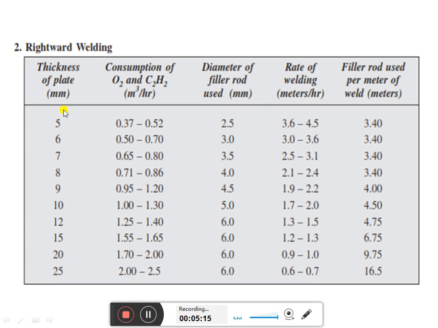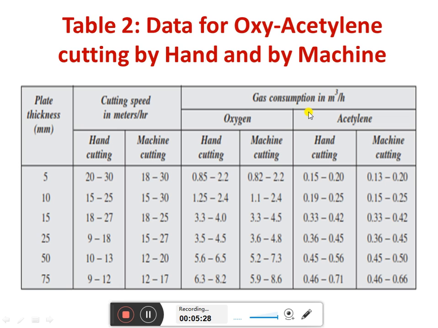The plate thickness starts from 5 to 25, along with the consumption of oxygen and acetylene, diameter of filler rod, rate of welding, and filler rod used per meter of weld.